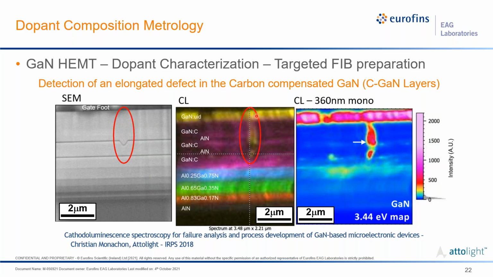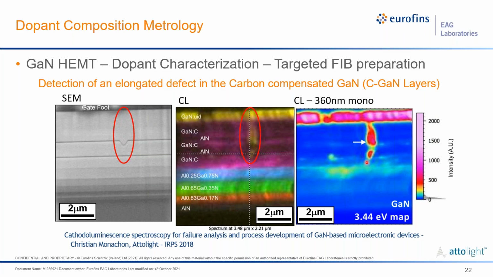What we can see very clearly is that around this extended defect, we get emission that's more like the unintentionally doped layer at the surface versus the carbon compensated layer. And if we then look at just the mono CL for the 360 emission, you can see it's greatly increased along this extended defect. And this is really showing a potential leakage path here in the device.